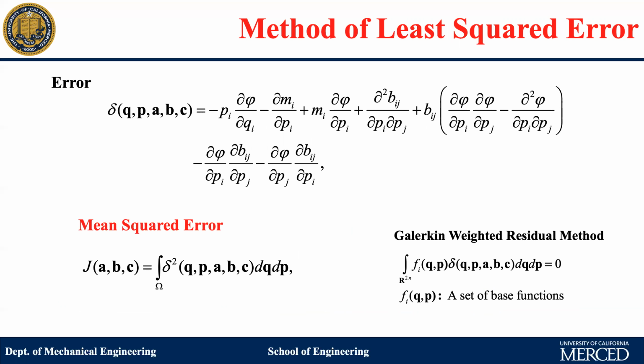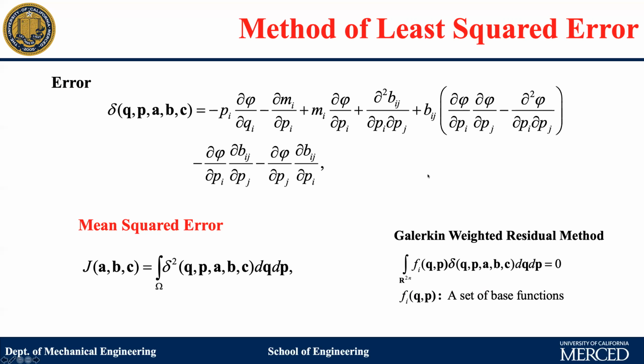Now we derive an error function after you substitute the approximate solutions into the reduced SPK. We end up having this function delta multiplying the whole p equal to 0.